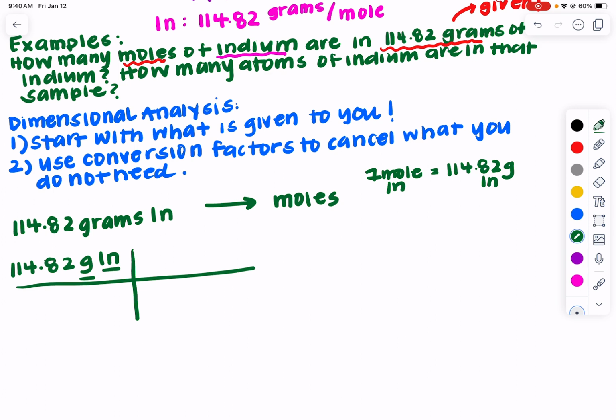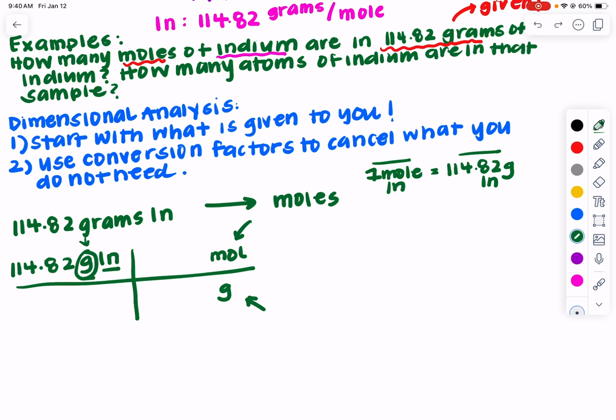This is our conversion factor, which means one is going to go on the top and one is going to go on the bottom. And we can choose, either can go on the top or the bottom. But remember that we want to cancel grams and end up in moles. And the way that we cancel grams is if one is on the top, we put it on the bottom.